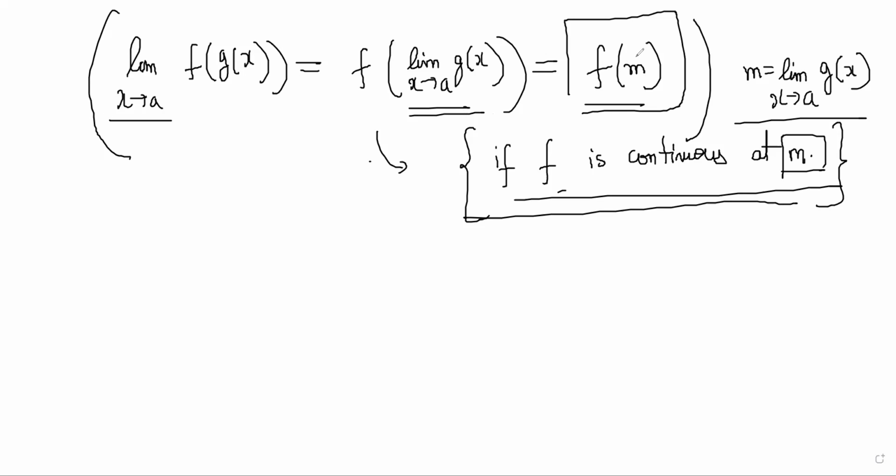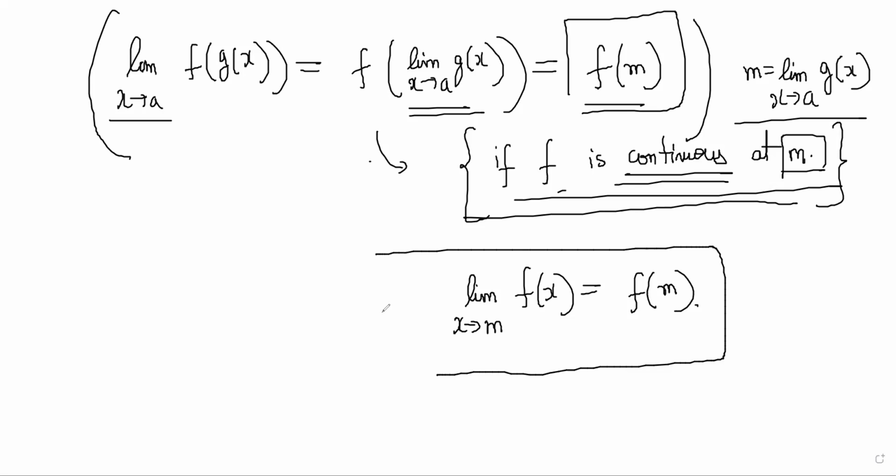And what is the case? That f has to be continuous at m. Okay. So right now, because you have already studied continuity, you probably know what continuity is, right? So what is continuity? The graph is not broken at the point. So basically, f is continuous at m means limit of x tends to m, f of x is equal to f of m, right?